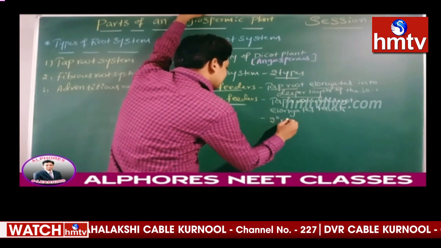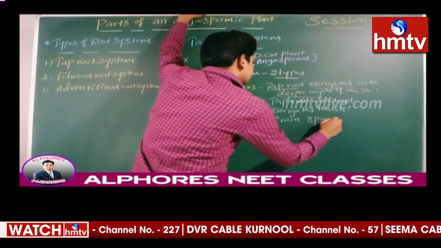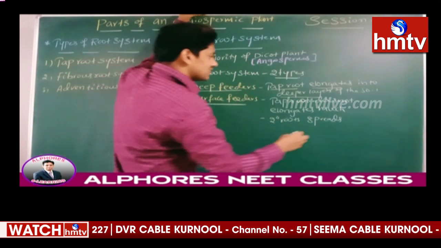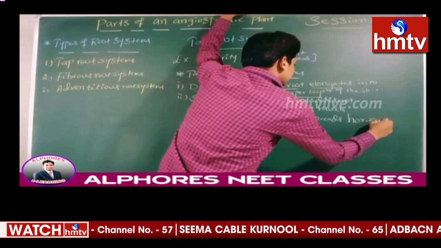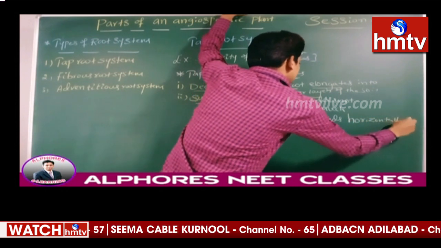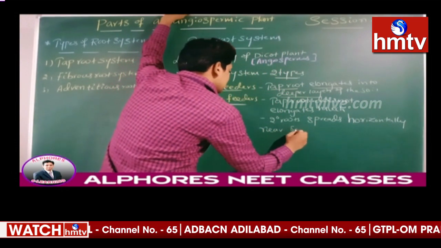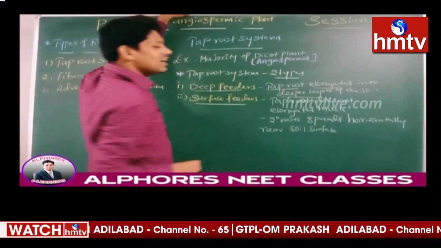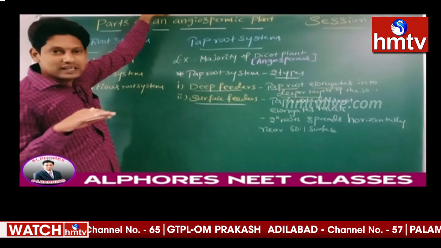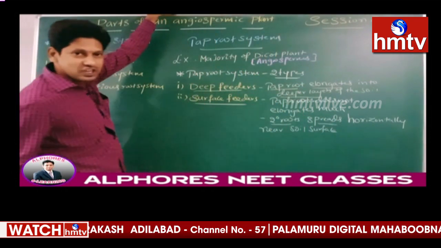Secondary roots spread horizontally near the soil surface. Therefore, they are near to the soil surface. How are they spreading? Horizontally. Which roots? Secondary roots.